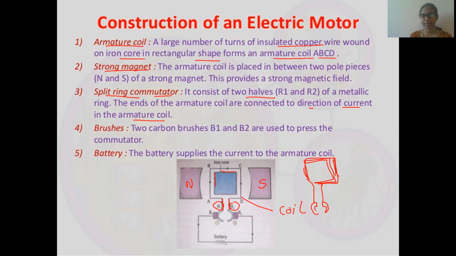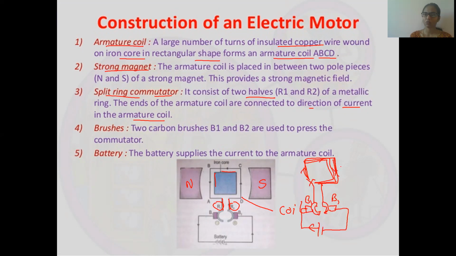These two split rings are connected to the battery through the brushes. We take two brushes, B1 and B2, and through the brushes it is connected to the battery. Current comes from the positive terminal and passes through the brush first, then through the split ring, which is connected to the coil.